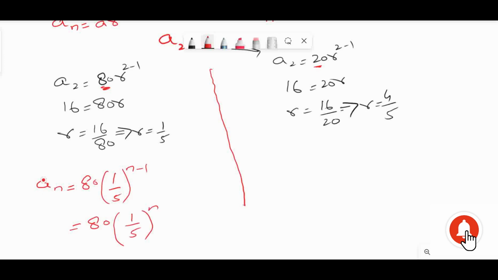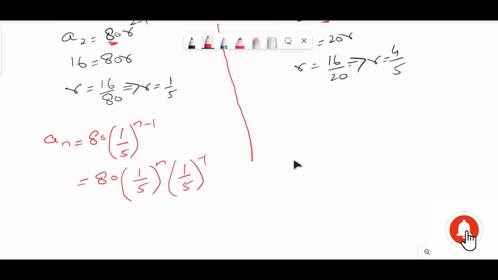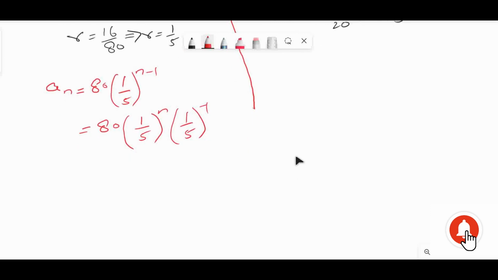to the power n, into 1 by 5 to the power minus 1, because the base is the same, so the powers will be added. We can write it like this. Now the next step is we can further simplify it: 80 into 1 by 5 whole to the power n, and 1 by 5 to the power minus 1 will be equal to 5.